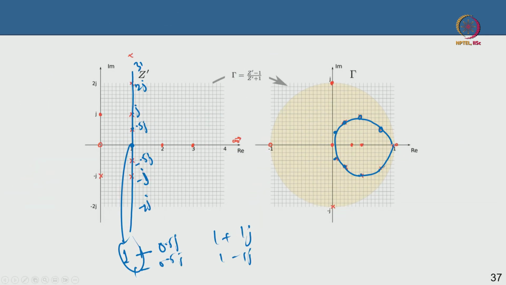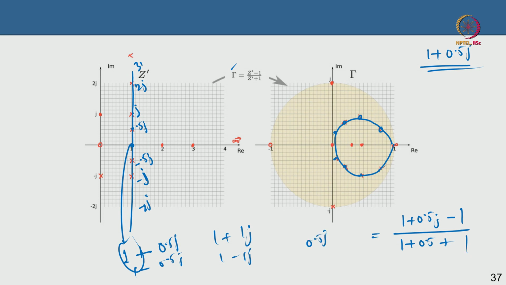Suppose I take 1 plus 0.5j, you have to convert it into gamma. This is z L dash. So it will be 1 plus 0.5j minus 1 divided by 1 plus 0.5j plus 1. So this will become equal to 0.5j divided by 2 plus 0.5j.